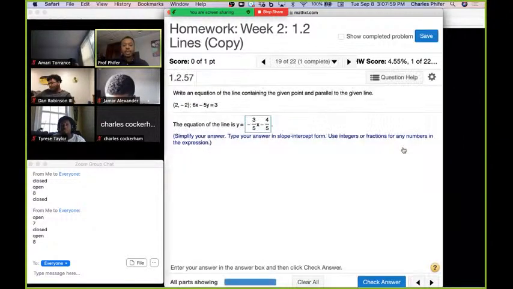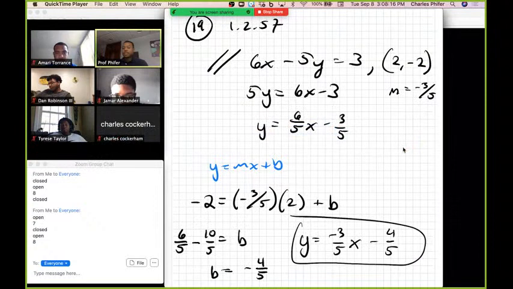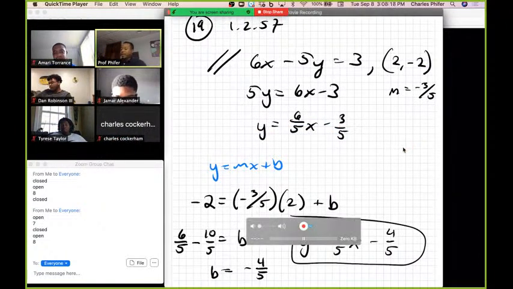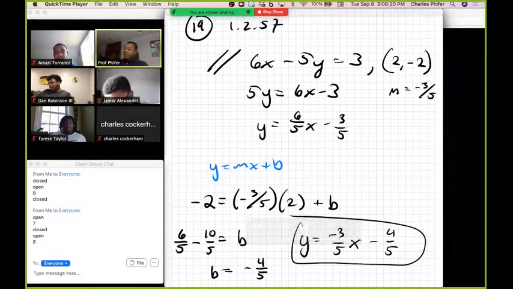Let's go back and look at our work. We want x is 2, y is -2. The original is 6x minus 5y equals 3. Let's be a little more meticulous and see if we can find an error. If we add 5y and subtract 3, we get 6x minus 3 equals 5y.